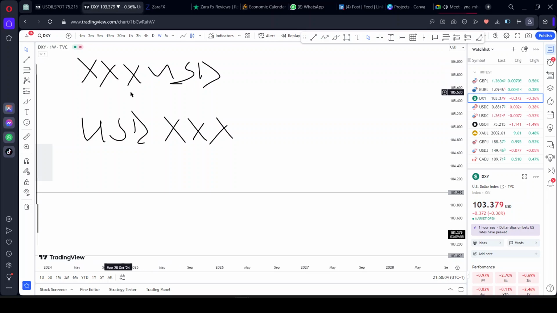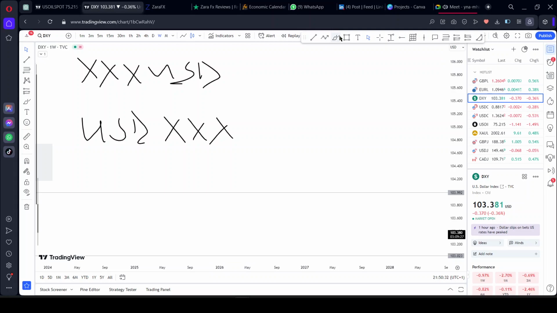So if you have another currency before USD, they are XXX USD pairs. So we have GBP USD, Euro USD, NZD USD, AUD USD, right? GU, EU, AU, NU. Those are XXX USD pairs because the base currency comes first, it is another currency, while USD is the quote.